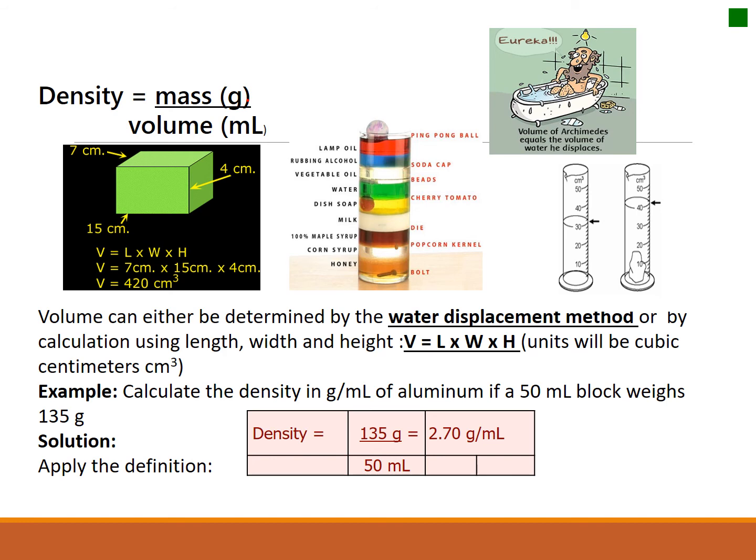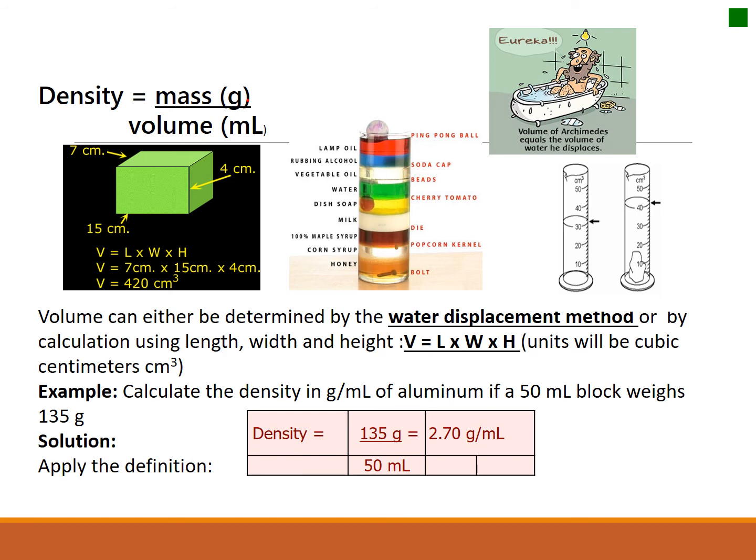He knew that he could weigh the crown, and he figured that different substances or elements have different properties, and he knew that gold had a set density. So he figured, I can find out if it's gold or not if I know the density. But then he thought to himself, how can I measure the volume of this crown if I don't have a set length, width, and height?